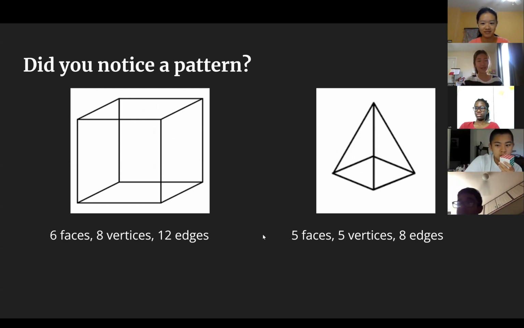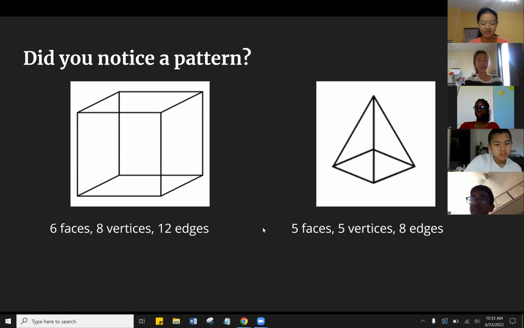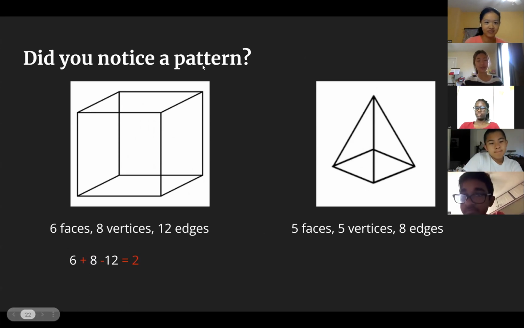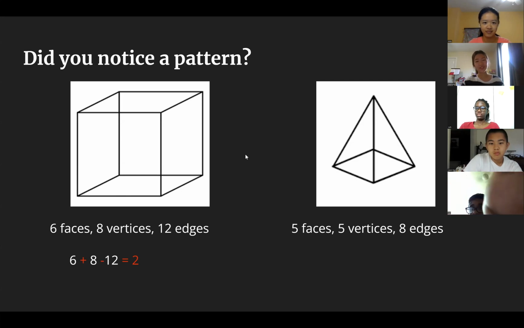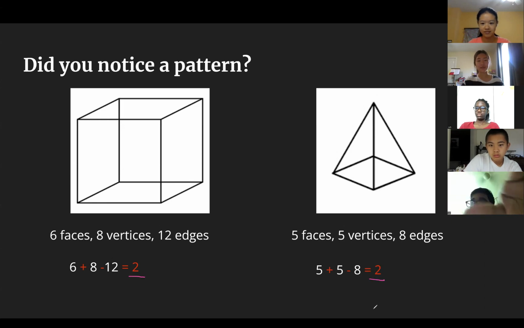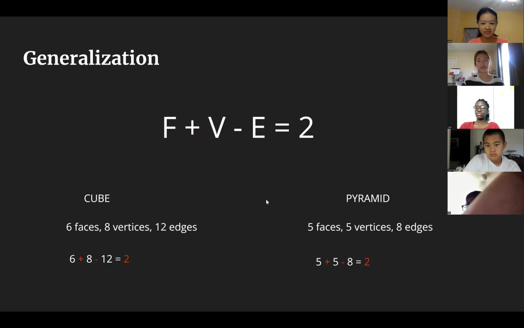And basically the pattern is that when you add the number of faces to the number of vertices and then subtract the number of edges, you get the number 2. So it also works for our pyramid. 5 plus 5 is 10. 10 minus 8 is 2. Okay, is that a coincidence or no?